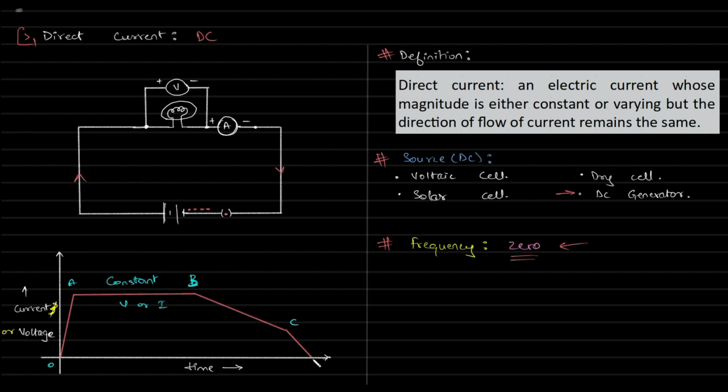And CD, again, is a faster rate at which it is dropping. So the number of electrons moving from one end to the other is reducing in time. That's what BC and CD mean: reduction. But there is no back and forth movement of electrons.